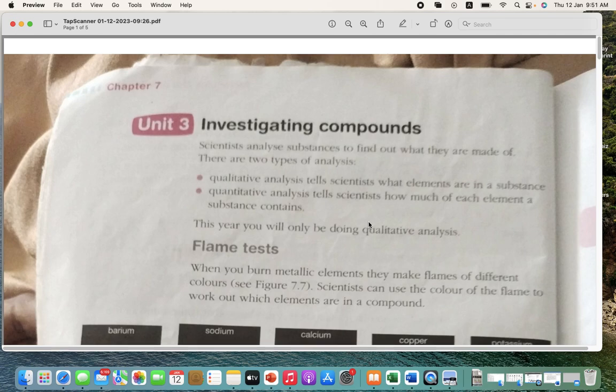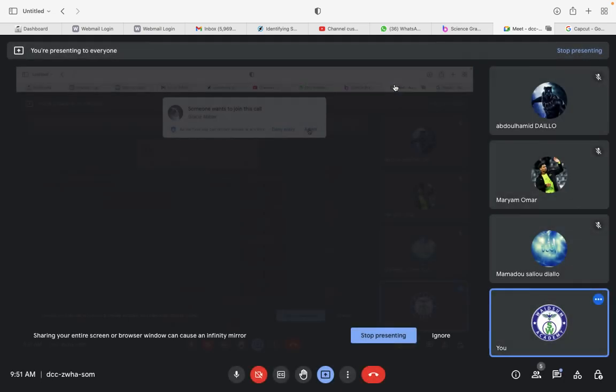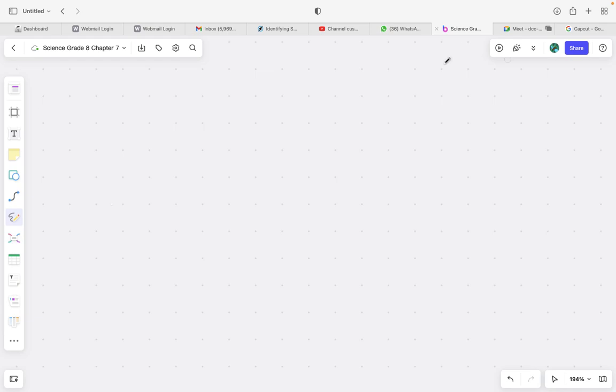While the quantitative analysis tells the scientist how much of each element is found in the compound.